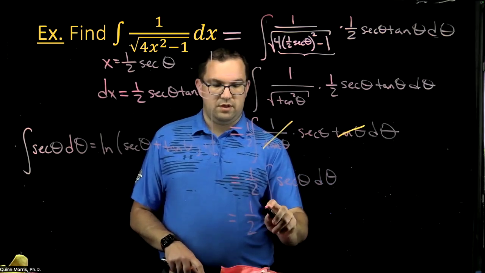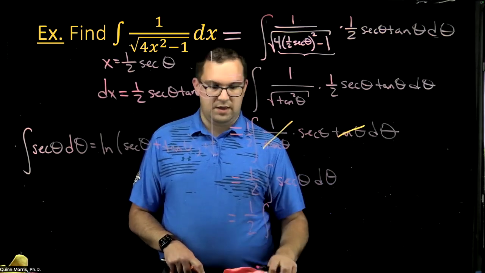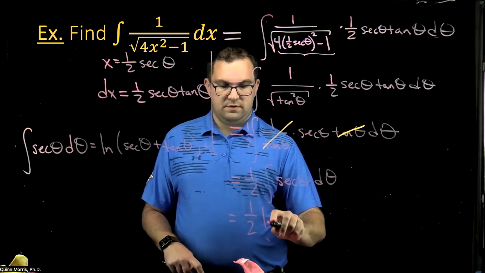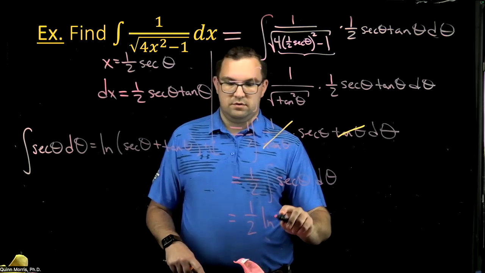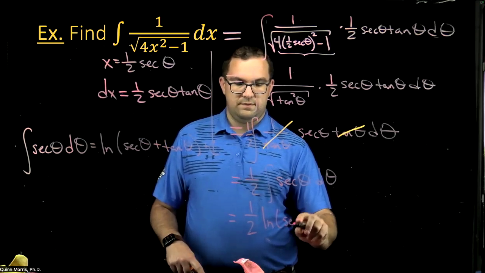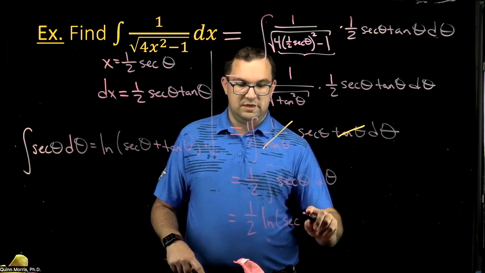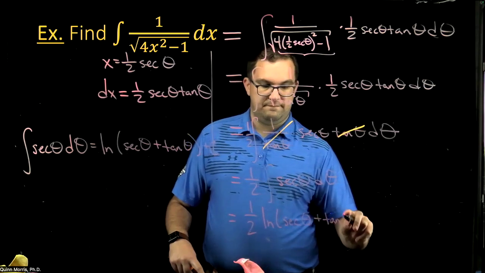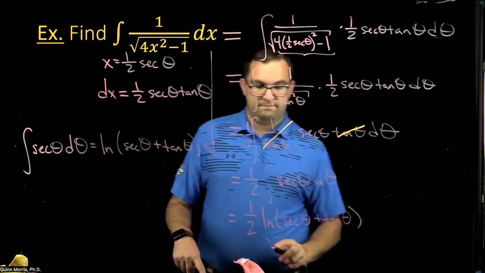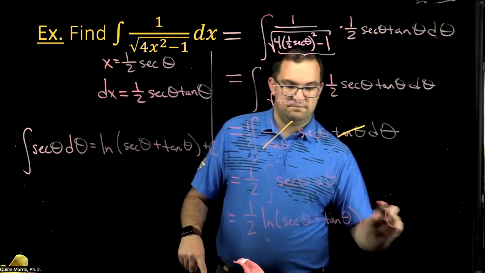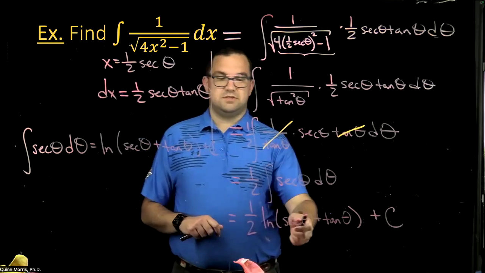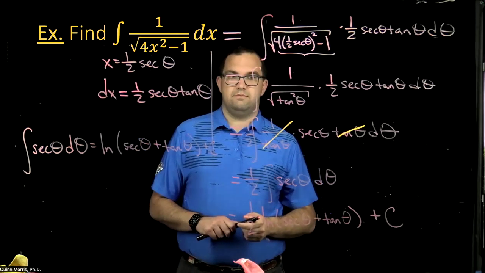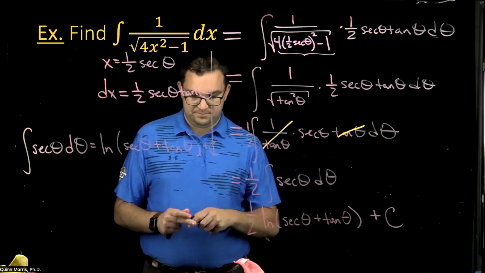So I get 1/2 times the natural log of secant theta plus tangent theta plus c. And now all that's left is to convert back to my original values.